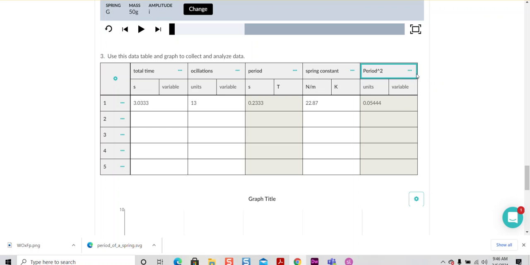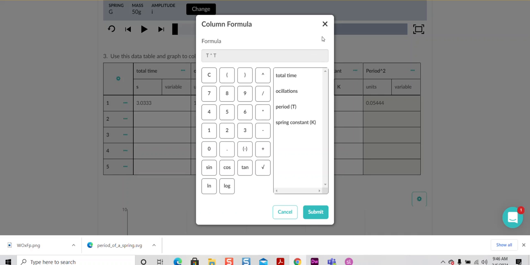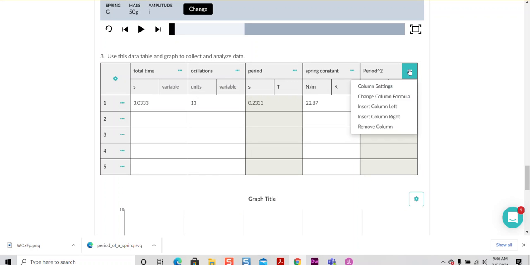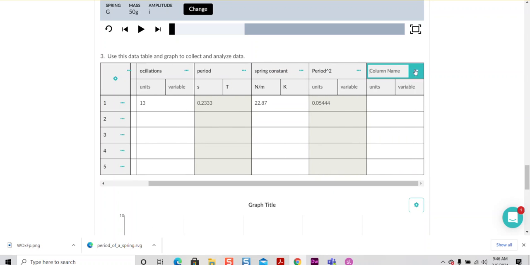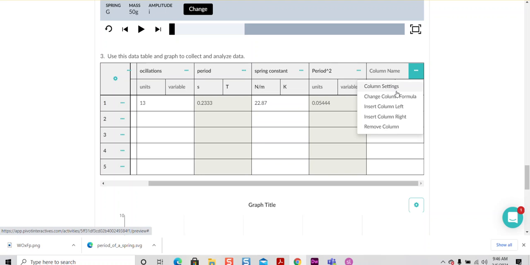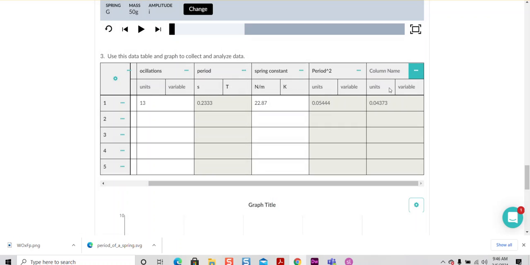And when I added my column for 1 over k, I would come over here and I would go insert to the right, and I would just say column formula, and I would say 1 divided by my spring constant. And I would say over here in my column name 1 over k.